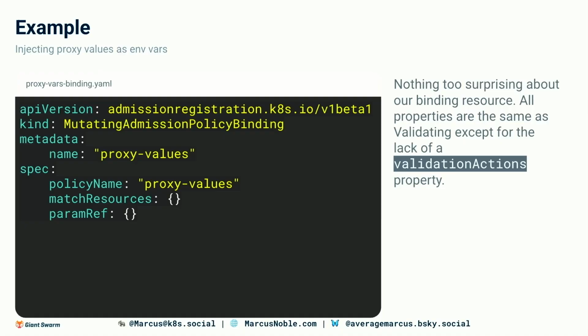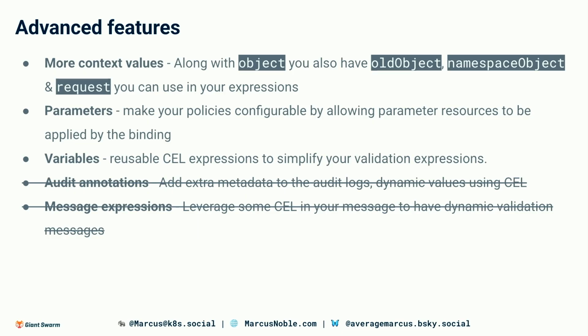Similarly to validating admission policies, we have a binding. No surprises here. The only difference is the lack of validation actions, because all it can do is apply the mutation. There's no like warn or anything like that, so that doesn't exist. And it's got a lot of the same advanced features. So again, the context values that we saw, so the object, old object, things like that.